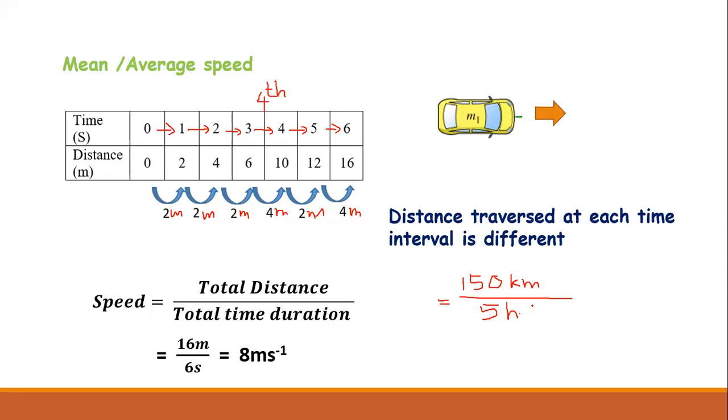I'm slowing down, waiting somewhere to eat something or like that. Maybe we are slowing and we are accelerating. So finally, we can tell that the speed we have traveled is just 30 kilometers per hour.